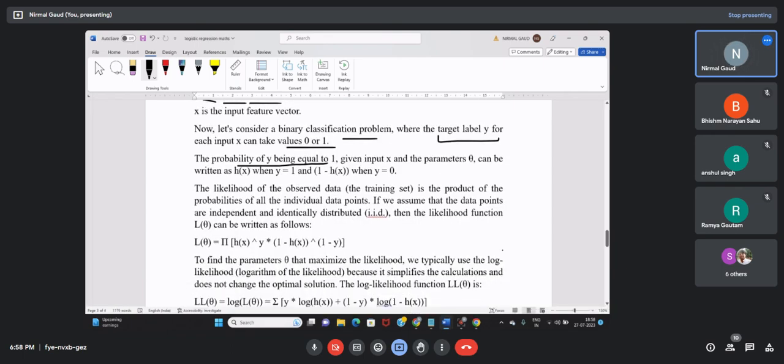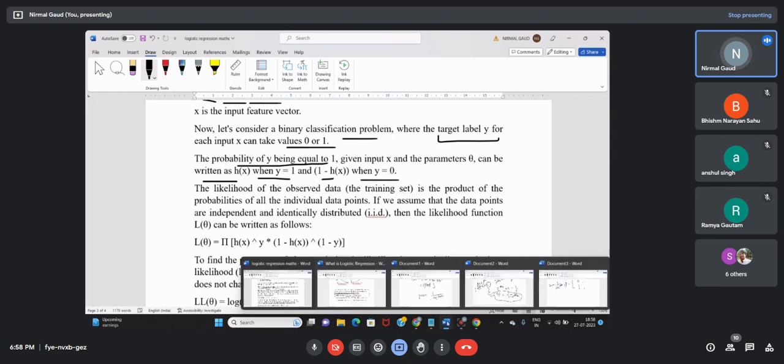So they are saying that it can be written as h(x) when y equals 1, and 1 minus h(x) when y equals 0. That's what they are saying.